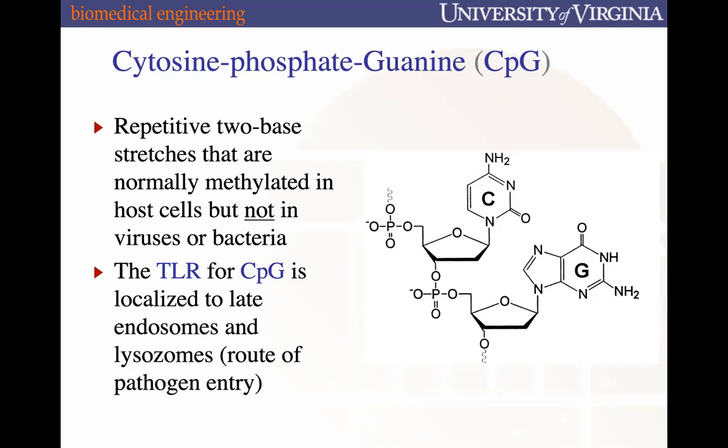And if there is, then TLR9 will activate downstream pathways to communicate there is a bacterium here. We need to become more inflammatory to attack and kill whatever bacteria are making their way in through the endosome or the lysosome. Are there any questions?